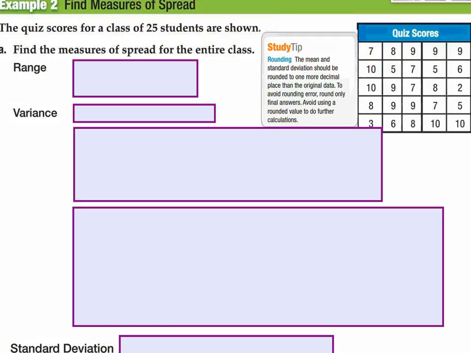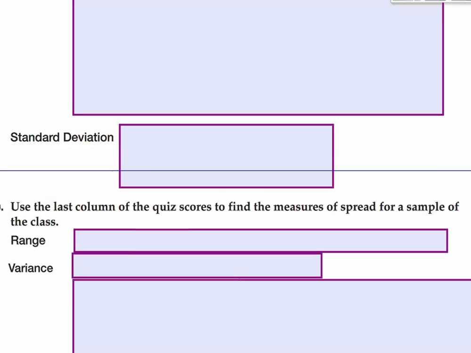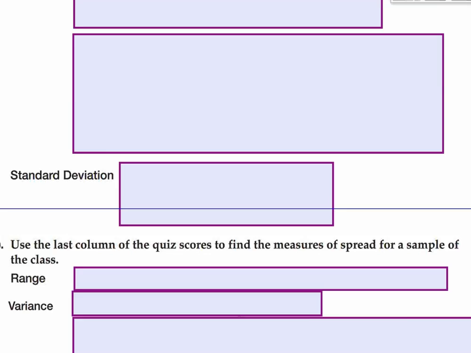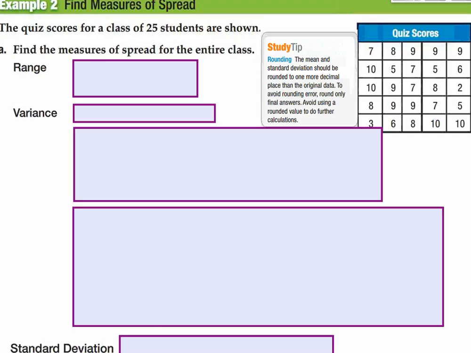The way they're saying it is the entire class, so it's considered a population. If you look down here, then use the last column of scores to find the measures of spreads, and then it comments that it's a sample.